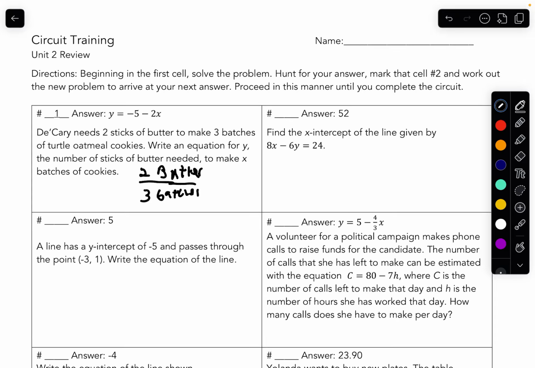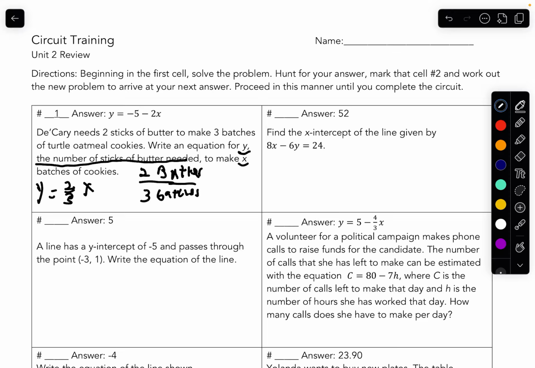You gotta read this, you gotta make sure you understand this. Why the number of sticks of butter needed? So we need butter on top to make X batches of cookies. So Y, the number of sticks of butter, would equal 2/3, because 2 is butter and it's on top, and 3 is batches and it's on bottom, times X, the number of batches.